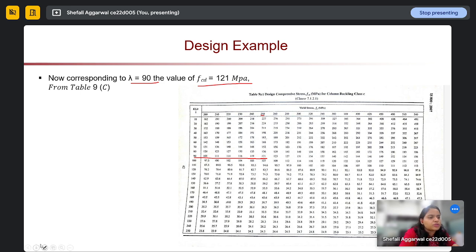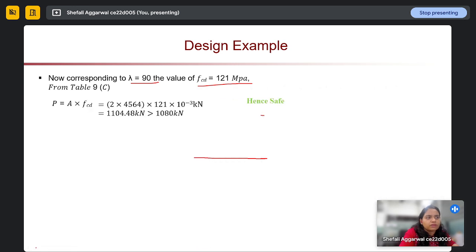Using this f_cd, we will again calculate our complete load. The axial load we calculate should be greater than the given load. If it is greater, then we can say our design is safe.